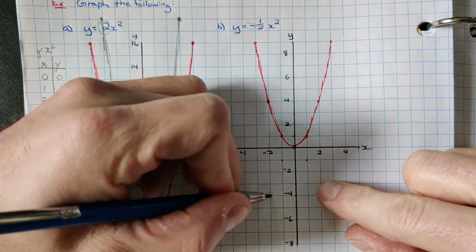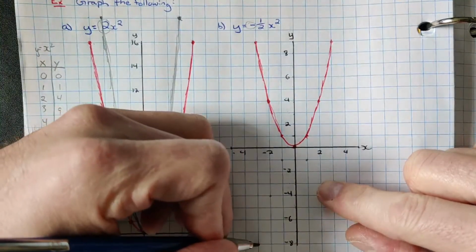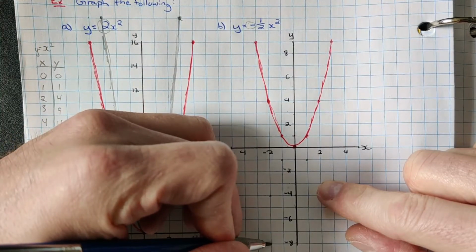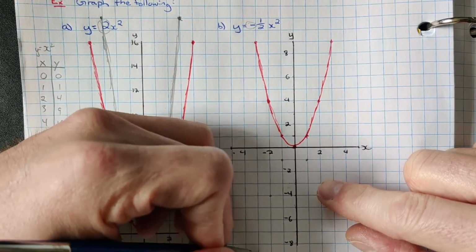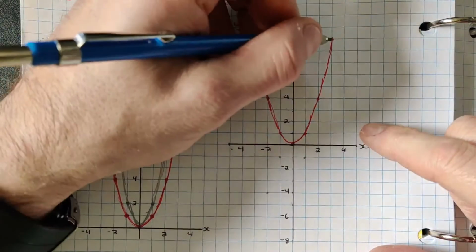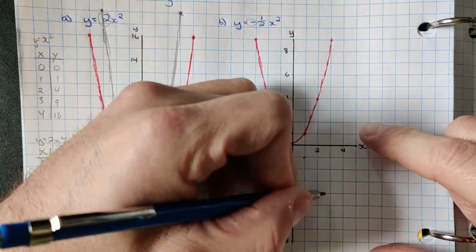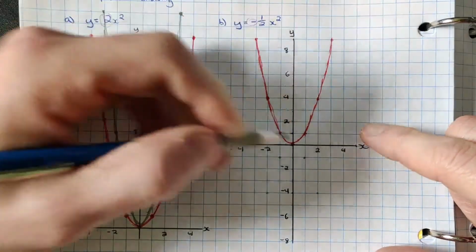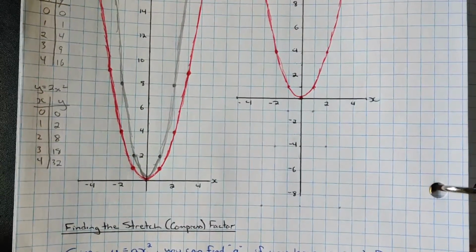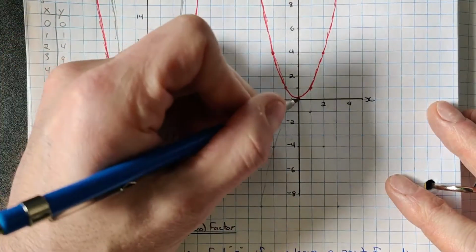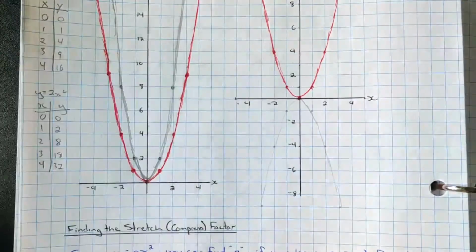This would be at -4. This one would be at -8. Or sorry, -9. So it's down here. And then -9 on the 3, -4. So I'll do it lightly here. That would be the flipped graph.